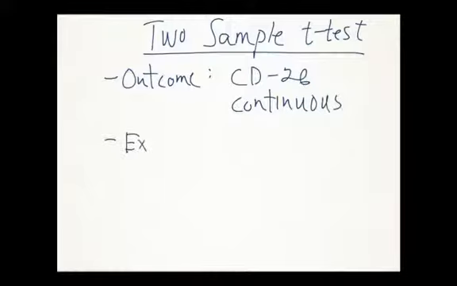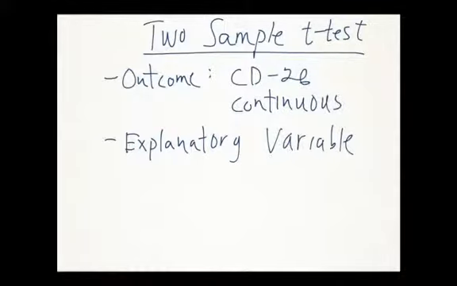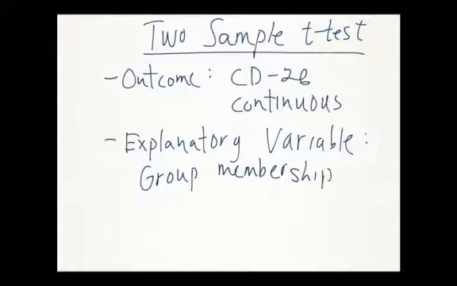an explanatory variable. And that is the group membership. Okay? So remember, we said we have two groups. Group membership, in particular, relapsing versus progressive.